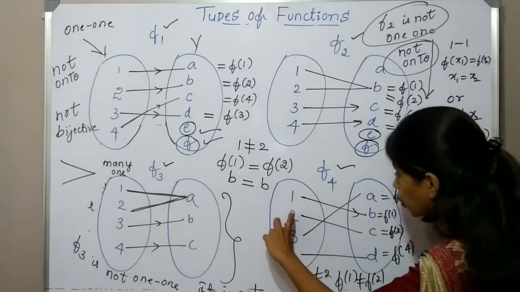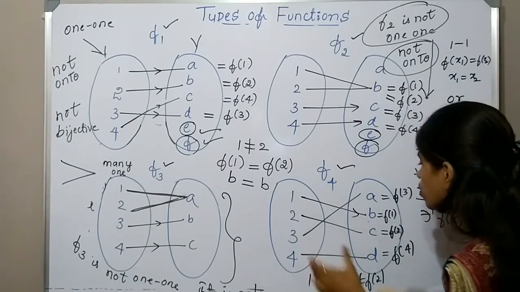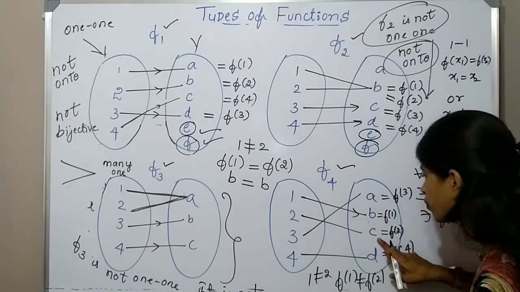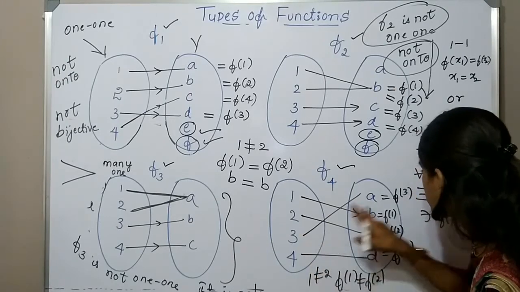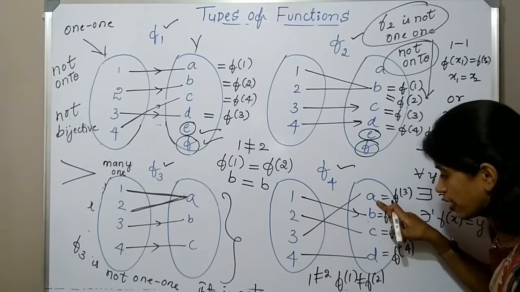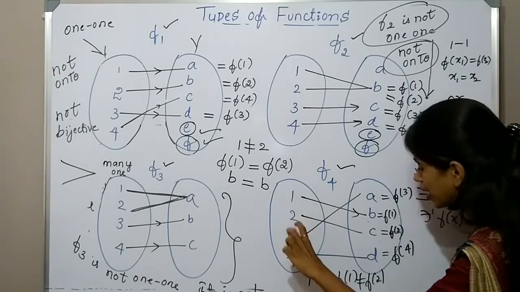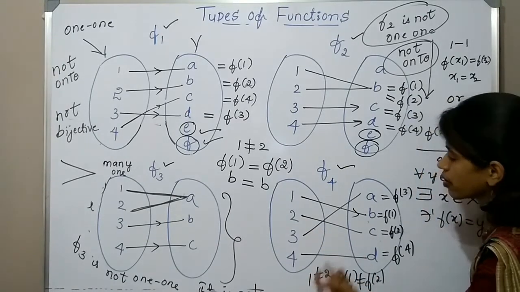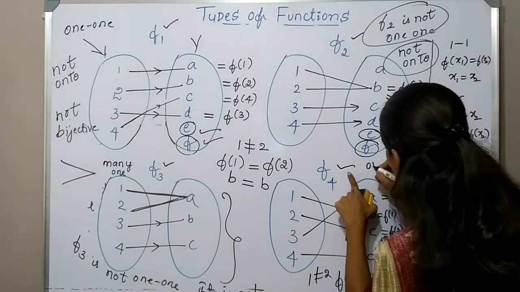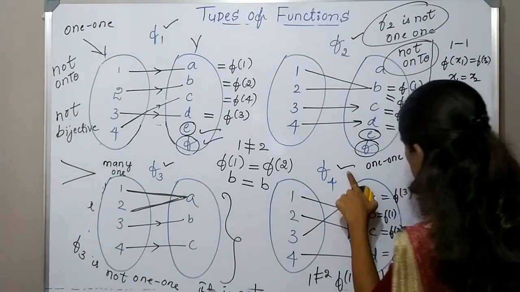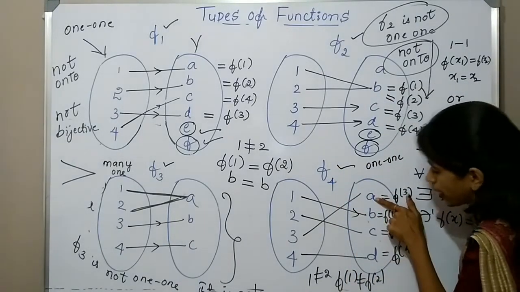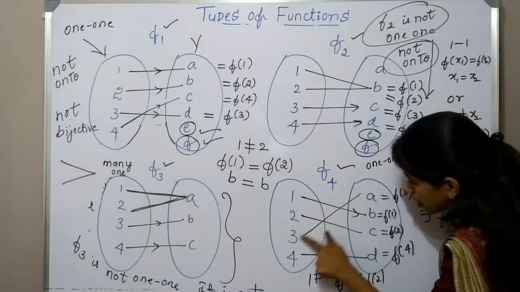If I take 2 and 3, for 2, F of 2 is C. For 3, F of 3 is A. Therefore, they are distinct. If I take any elements which are distinct, they have distinct images. Therefore, it is clearly 1-1. What about onto? For A, it clearly has a pre-image, say 3.